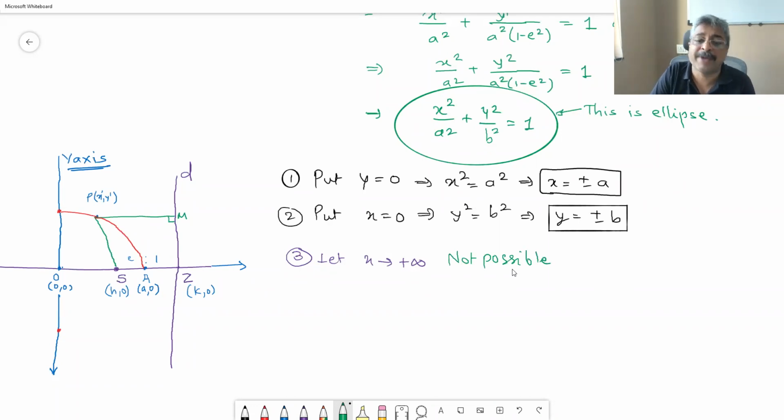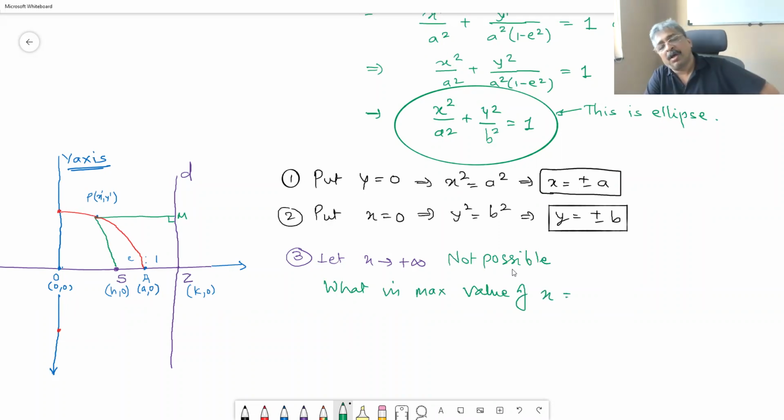Okay, not possible. Then what is the maximum value of x? The maximum value of x that can be taken is equal to a, and the minimum value of x is equal to minus a.